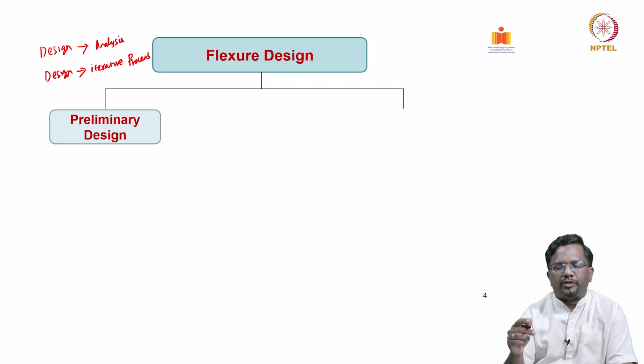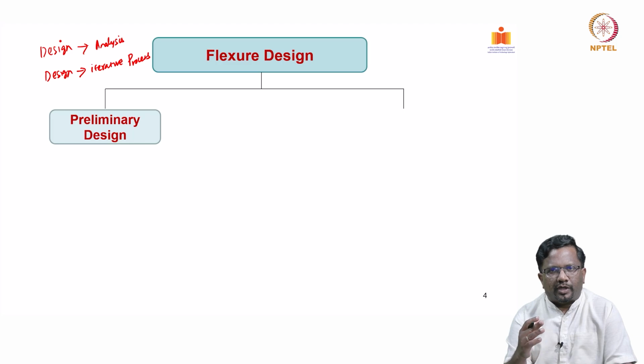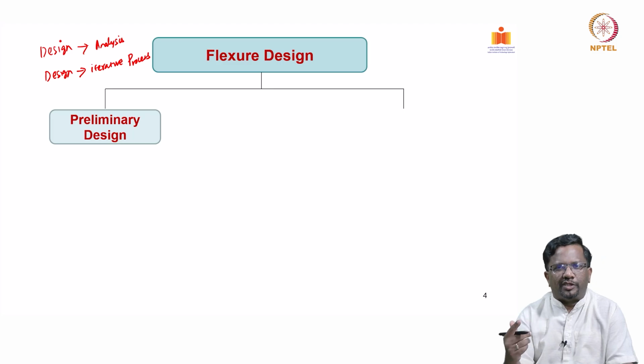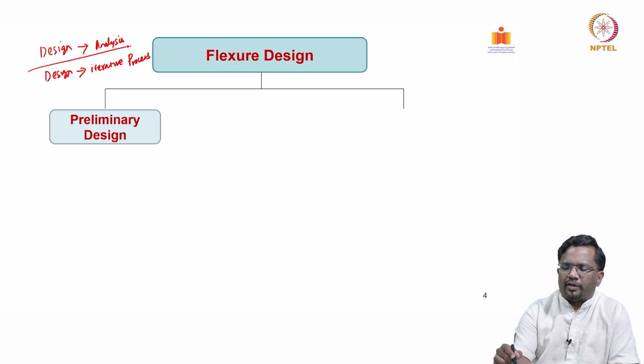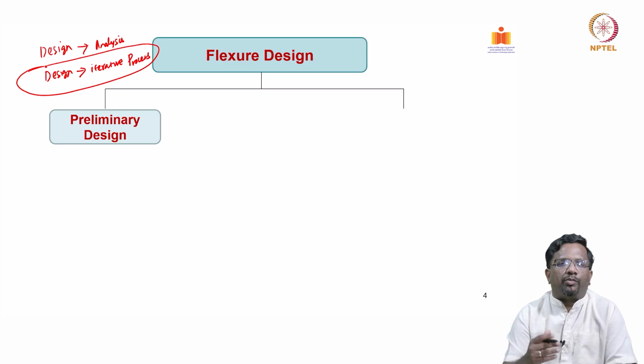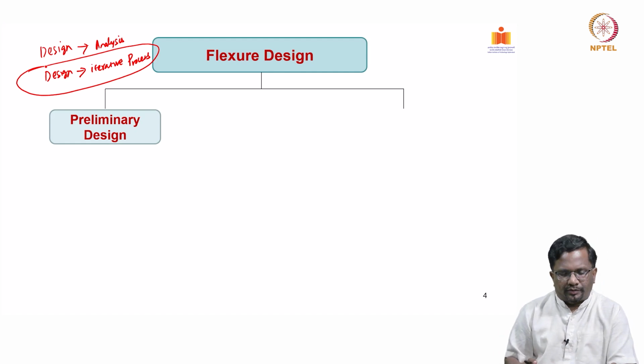That means we assume certain details and then check for the capacity. If those details are not good enough, then we keep changing them until we meet our requirements. That's why design is an iterative process and you need to do a lot of iterations to come up with an optimized design. So, what is the meaning of a preliminary design in case of a pre-stressed concrete section?